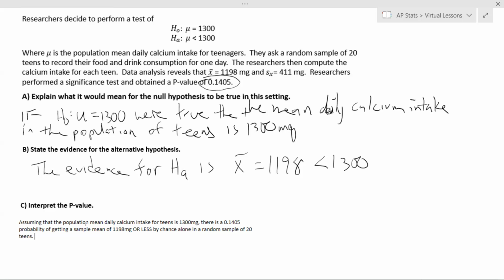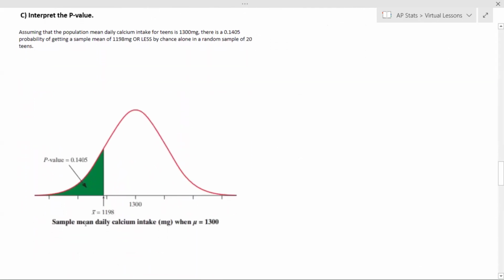Okay, so a couple things to note here. The p-value is the probability of evidence for the alternative as strong or stronger than the observed result, given that the null is true. In other words, the p-value is a conditional probability. So for this example that we just did here, the p-value is equal to the probability that x bar is less than 1,198, given that the population mean is 1,300.